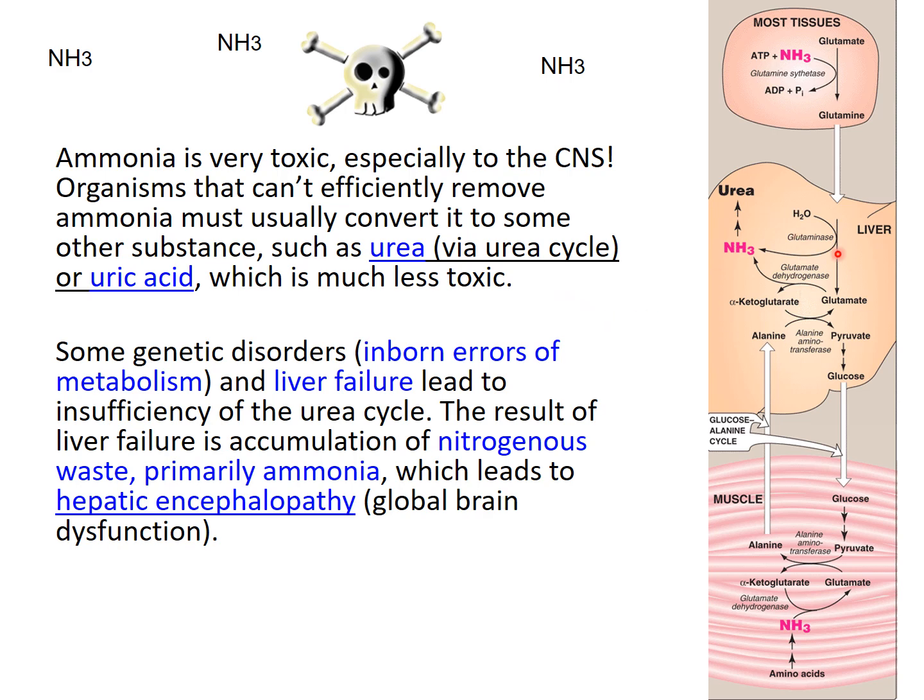Now, the urea cycle is in the liver. It is just a reminder that most tissues actually put extra ammonia into glutamate to form glutamine. Glutamine goes to the liver. Glutaminase liberates ammonia, which needs to go to the urea cycle. Liver also has glutamate dehydrogenase, which liberates ammonia, which needs to turn into urea.